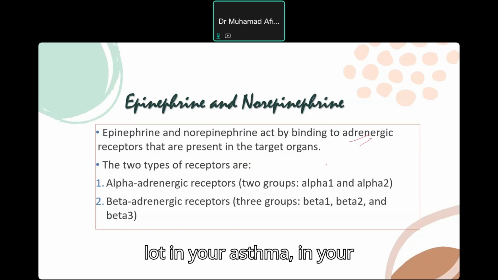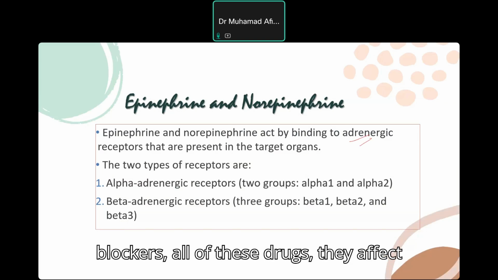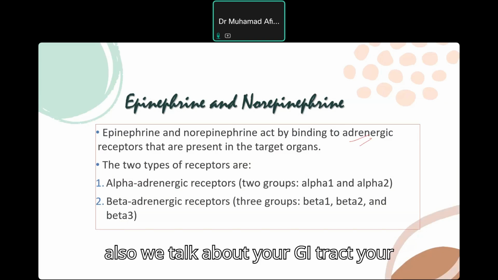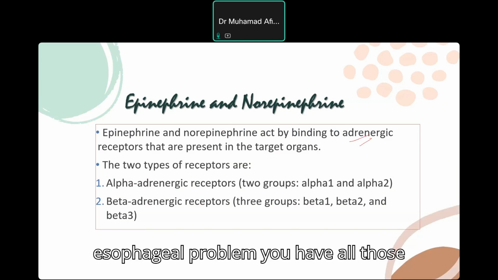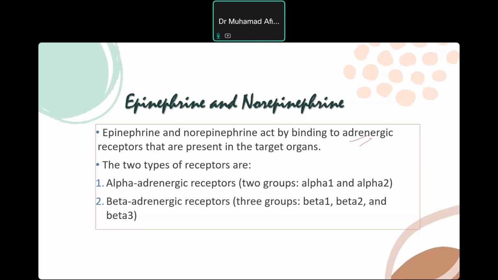You encounter them a lot in asthma, in cardiovascular topics when we talk about beta blockers, all of these drugs that affect the adrenergic receptor. And also in your GI, let's say your esophageal problem, you have all those adrenergic and cholinergic receptors.